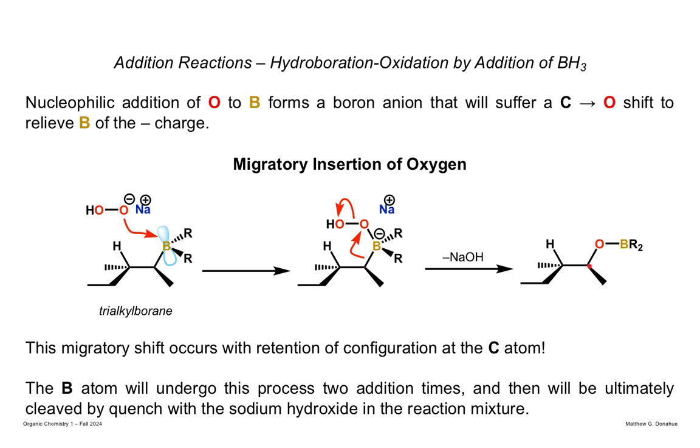You formed that CO bond, and then you still have the existing oxygen-B bond. You can imagine sodium hydroxide displacing that, and then doing a proton transfer to get your alcohol.